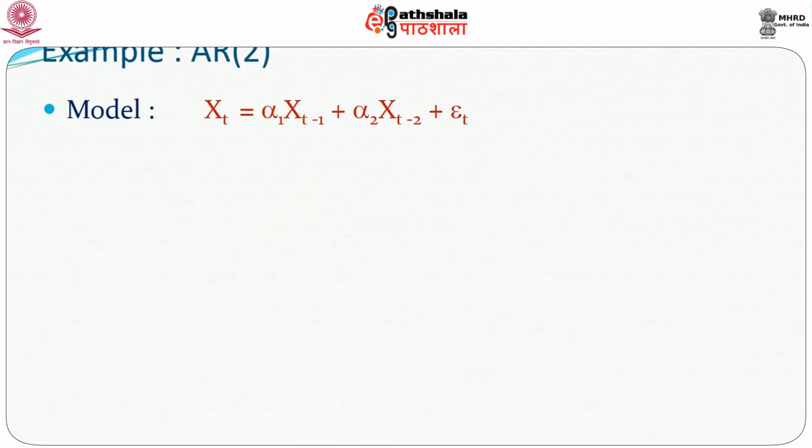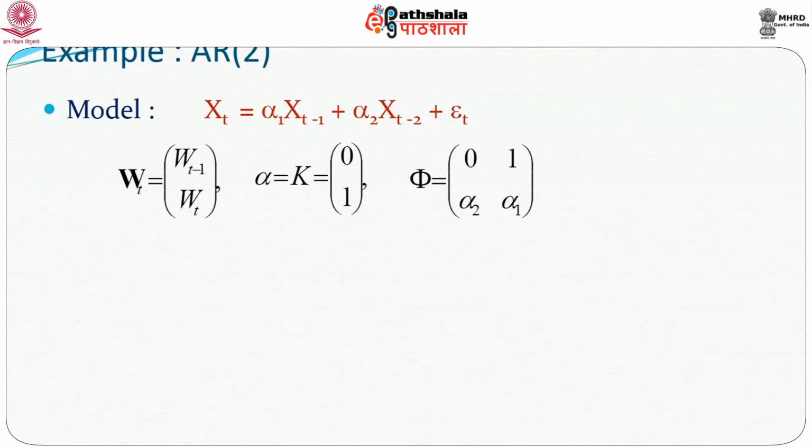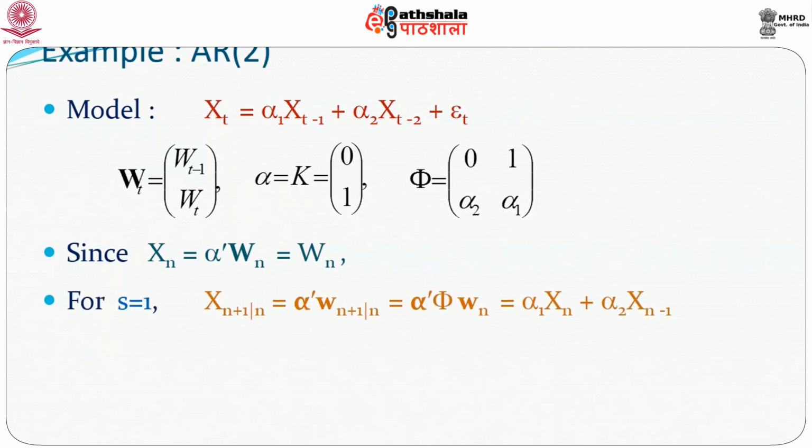And to put it into the state space form, we have W_t, we have alpha defined as a 0 1 vector, we have phi defined as 0 1, alpha_2 alpha_1, and since x_n is alpha prime w_n, if we put that back into the prediction formulas, we see that for one step prediction, x_{n+1} given n would be alpha_1 x_n plus alpha_2 x_{n-1}.